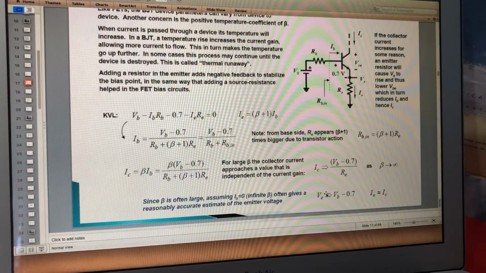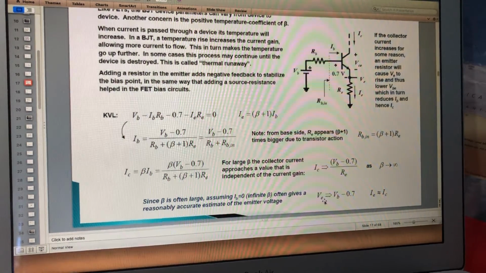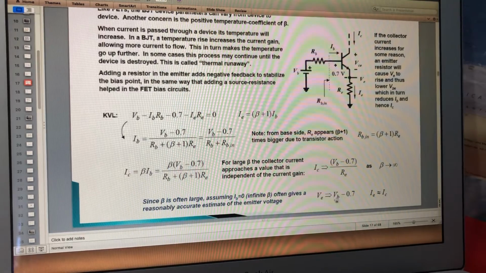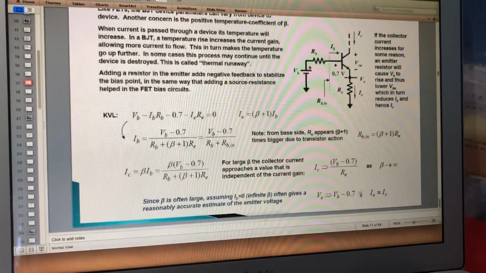And what is VE? VE is VB minus 0.7. Hold on. What is this, VE? I think this will give you around this equation, because the current IB will be very small.